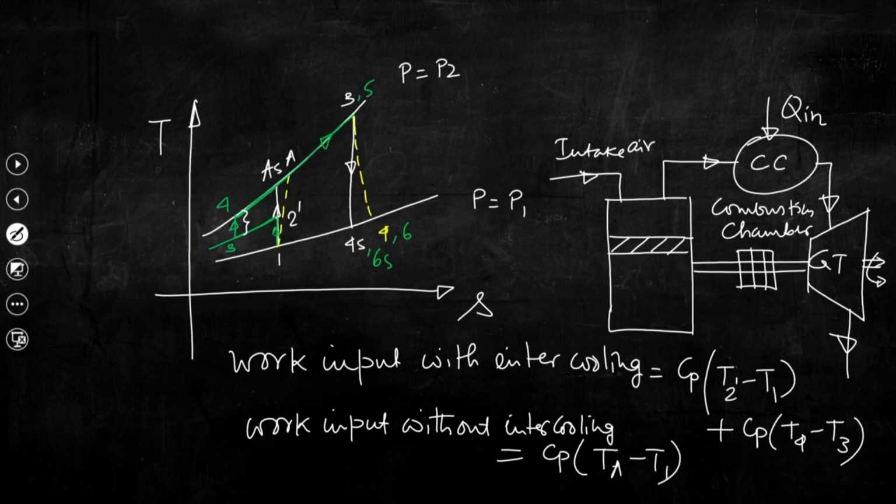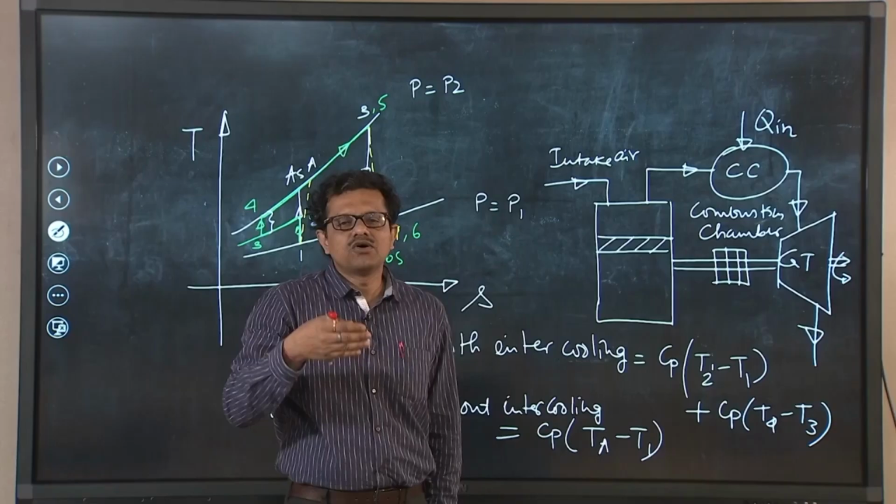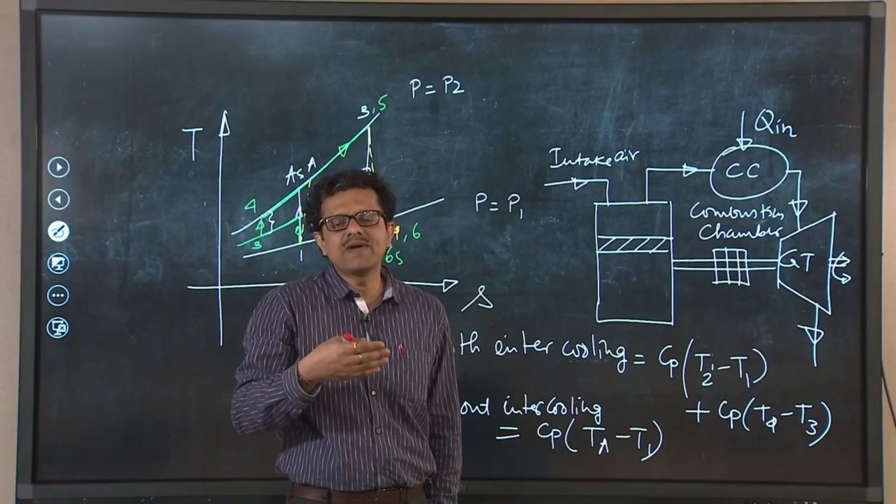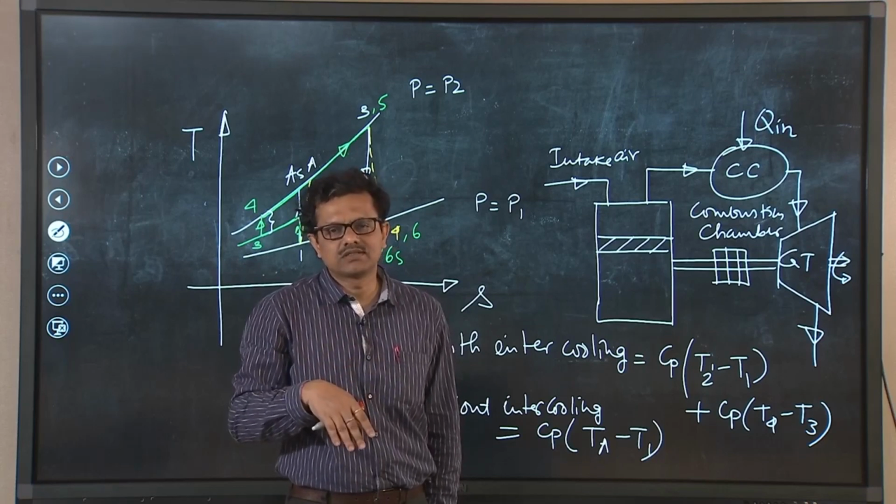So, this extra amount of heat addition that should be there because of this intercooling effect will reduce the cycle efficiency even after achieving higher work ratio. So, the increase in heat addition that should be needed to run the unit having multi-stage compression with intercooling should be such that after having higher work ratio, the overall or gross impact is cycle efficiency reduces.